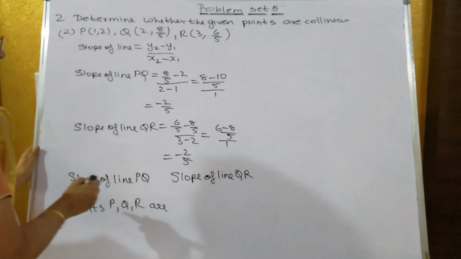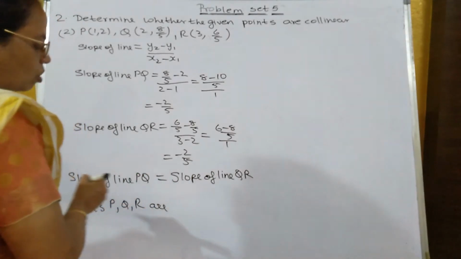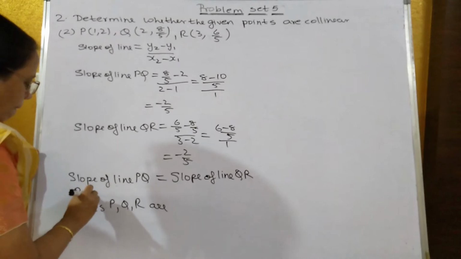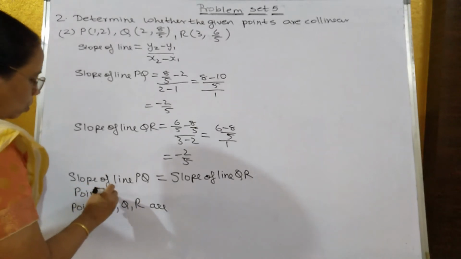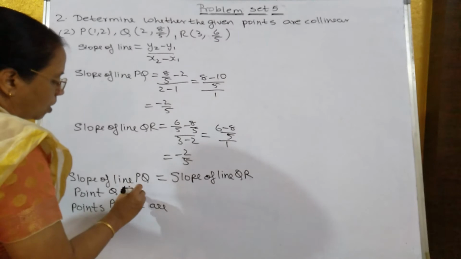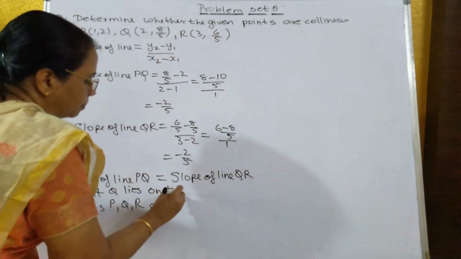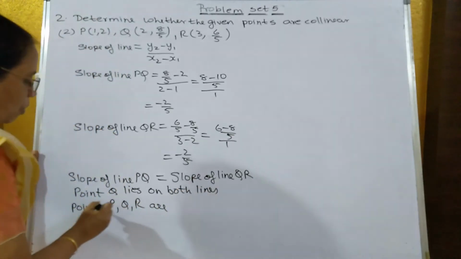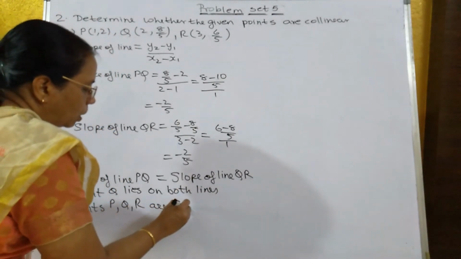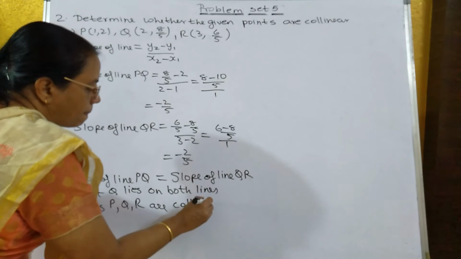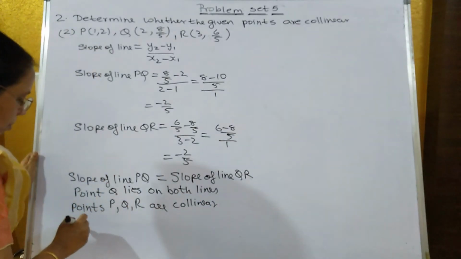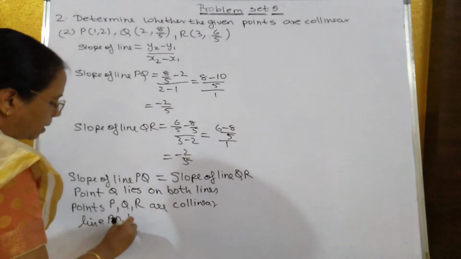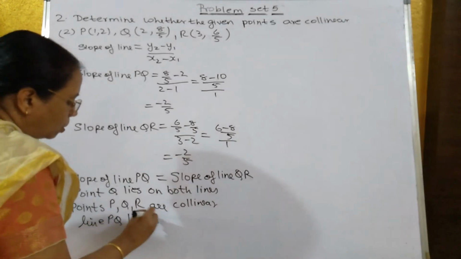So slope of line PQ is equal to slope of line QR, and point Q lies on both lines. Therefore points P, Q, R are collinear and line PQ is parallel to line QR.